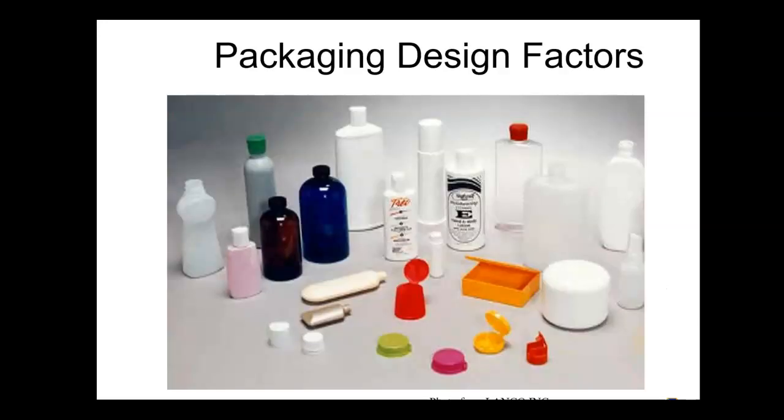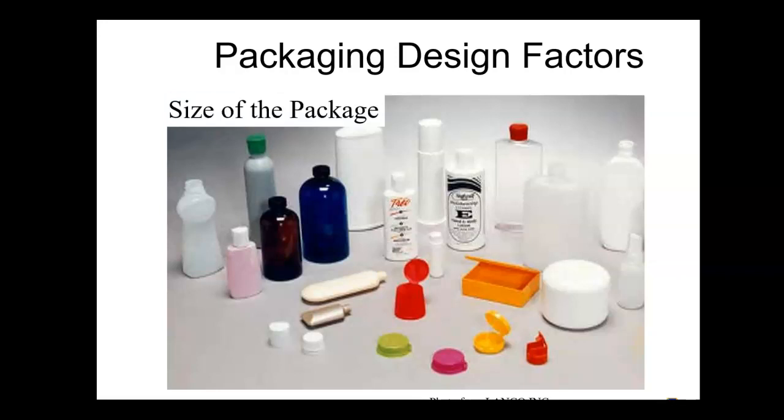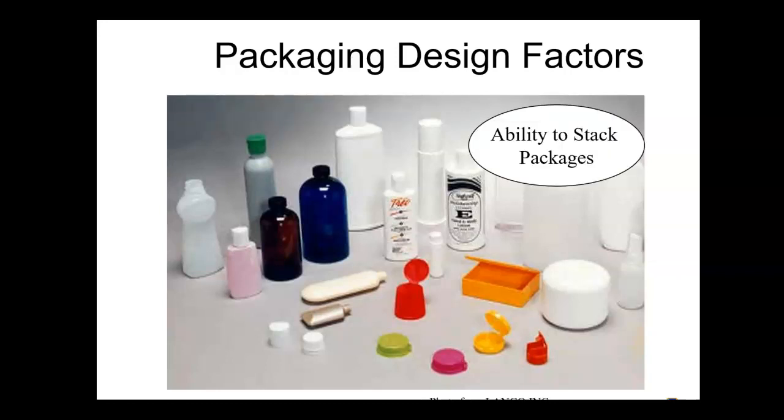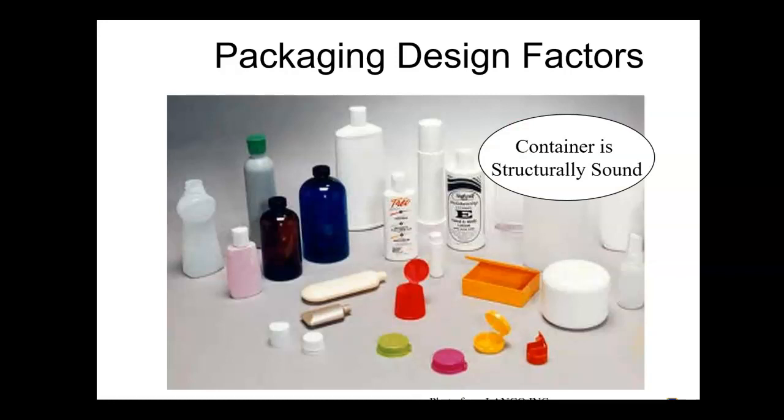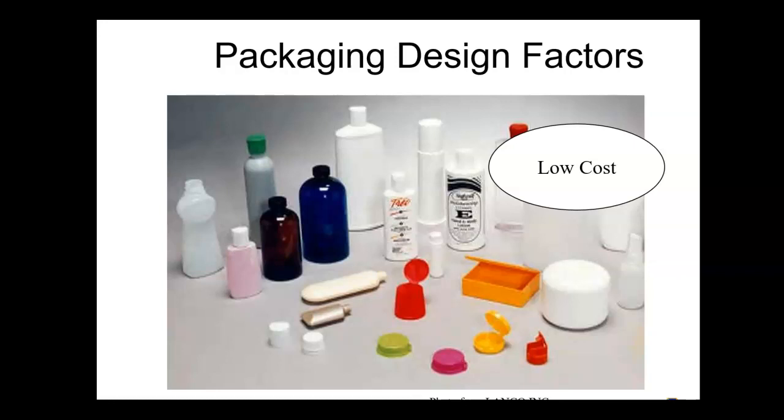For packaging and design factors, the things that we've got to take into concern are the size of the package, the shape of the package, the ability to stack packages together, as we've talked before, that's called nesting, to make sure that the container is structurally sound. Low cost, that's a top-notch thing right there.